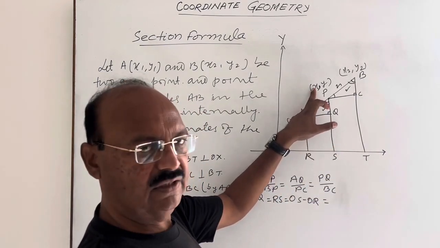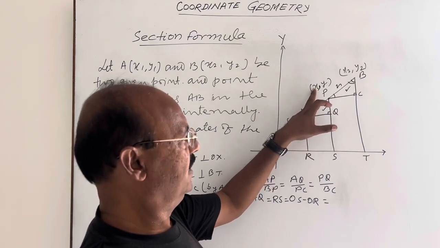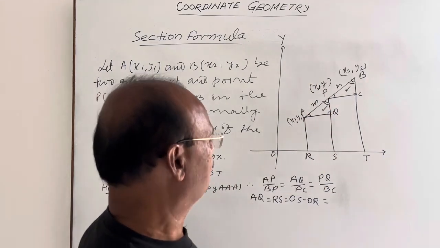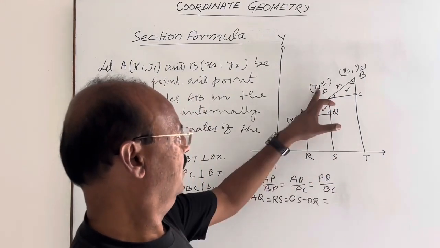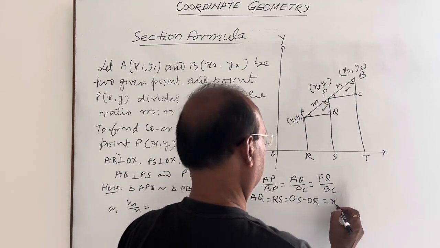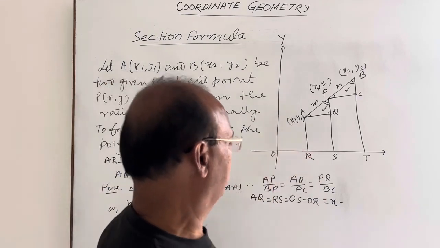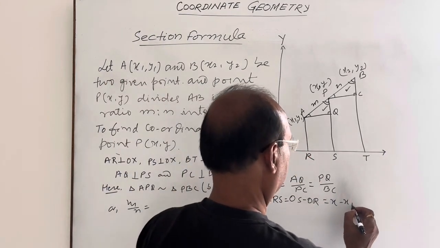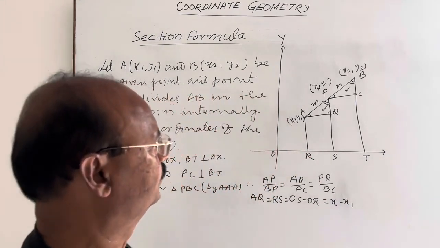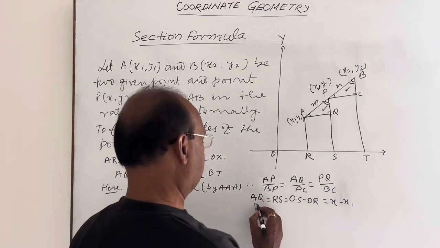X. We have taken coordinates of P as XY, arbitrary coordinates. So OS is X minus OR. OR is X1. Correct?